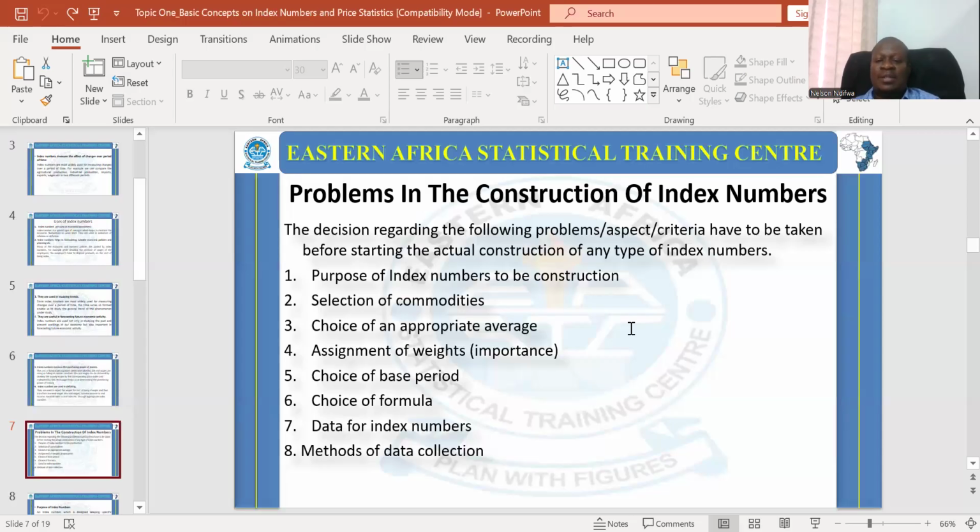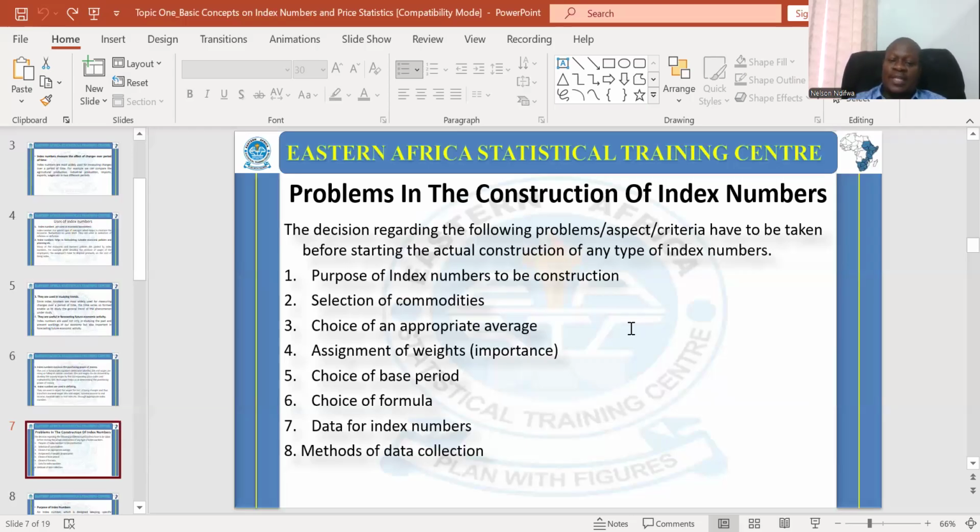So it means each item can be assigned different weights. Then you have the choice of the base period. As you know, the index number will be computed based on some reference, so we need to indicate the base on several criteria. Choice of the formula. We have different formulas in computation of the index numbers, so we have to choose how to select the appropriate formulas.